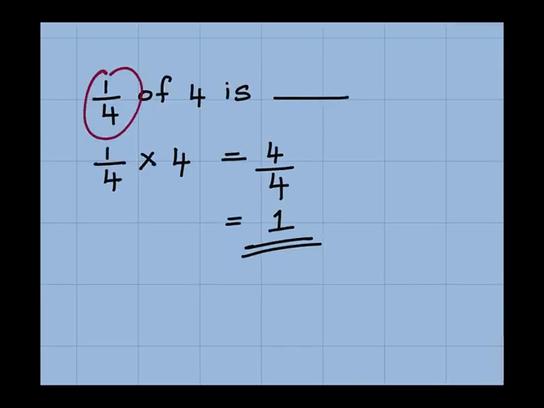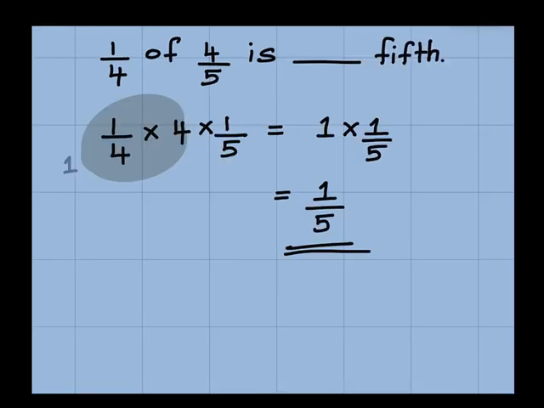What is 1/4 of 4? The answer is 1. Same number divided by same number is always 1. In this problem, we have substituted for 4/5. 4/5 can be written as 4 times 1/5.